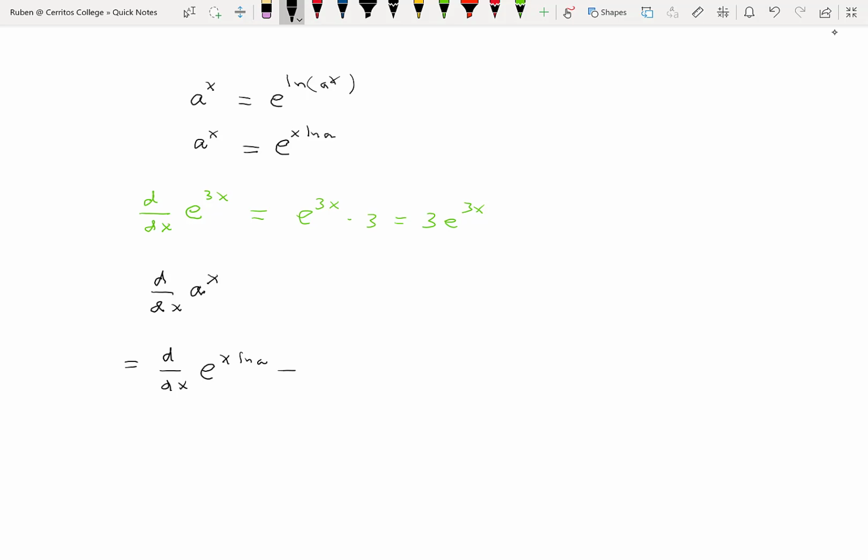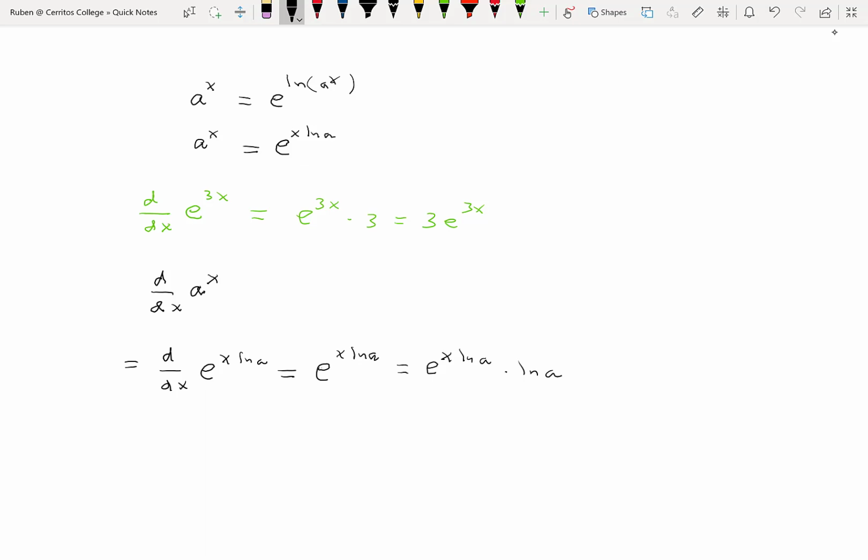So let's take the derivative using the chain rule here, just like we did with e to the 3x. The derivative of e to the x ln a is e to the x ln a again. Then by the chain rule, since ln a is constant, the derivative of x ln a is just the natural log of a. So it's just e to the x ln a times ln a.